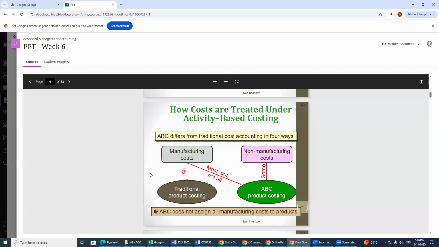Yes, it is. We have to allocate. But is the product actually using it? I don't care. It's there. Whereas in activity-based costing, we're going to check, is this cost related to our product? Even if it's manufacturing cost, is it related to our product? If it's not, we're not going to allocate it. So for that reason, most likely we're going to allocate most of the manufacturing cost, not all of it, but most of it. And we're going to allocate some of the non-manufacturing costs as well.